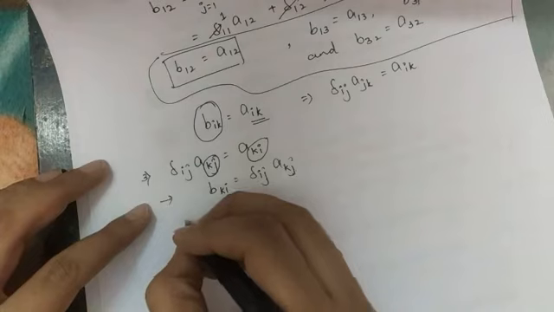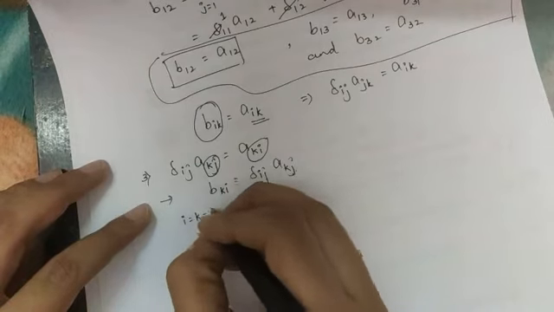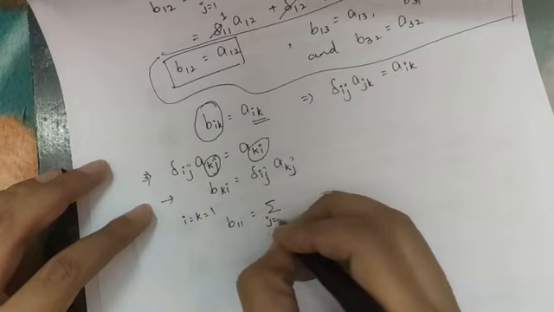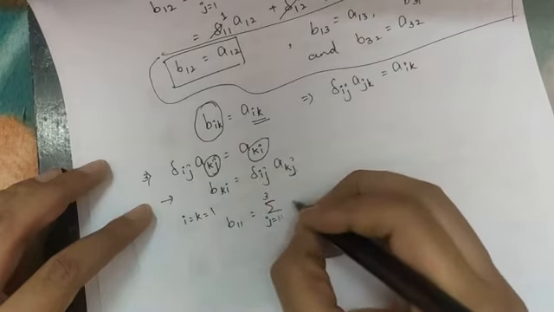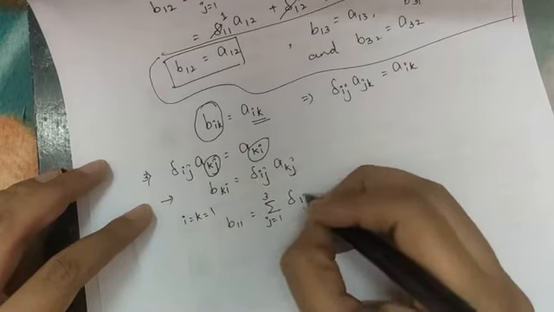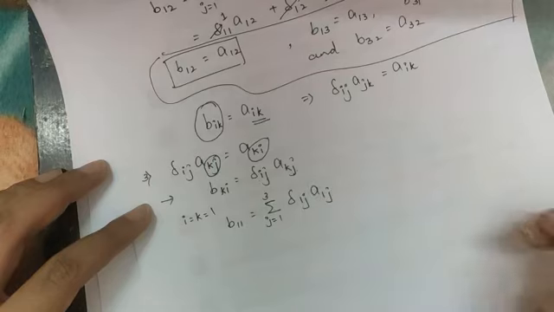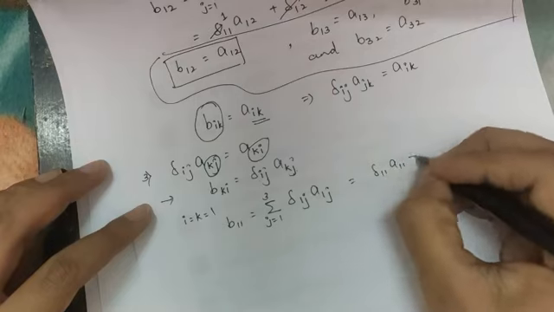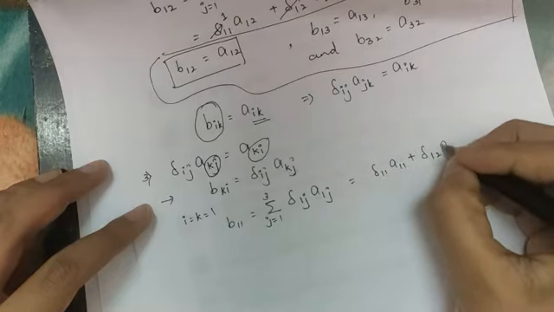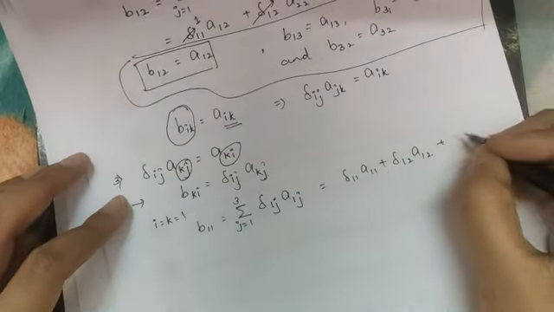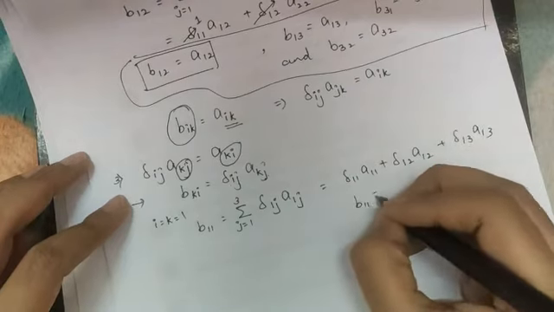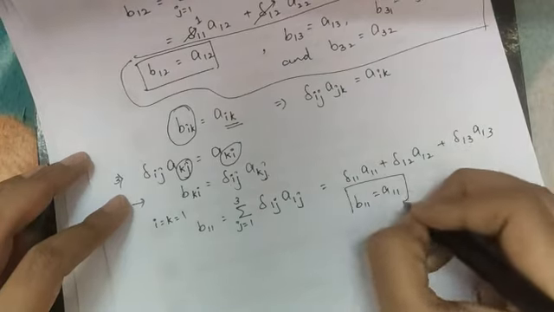So as usual, if i is equal to k is equal to 1, you will get b11 is equal to summation is on j is equal to 1 to 3 delta 1j a1j. So this is nothing but delta 11 a11 plus delta 12 a12 plus delta 13 a13. You will get b11 is equal to a11.